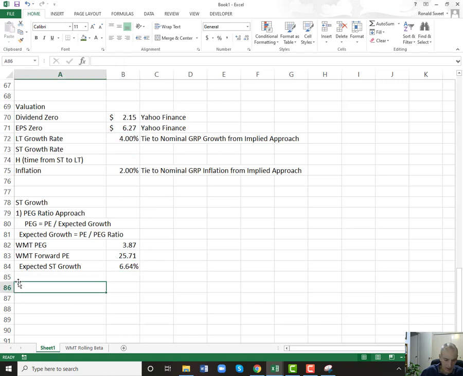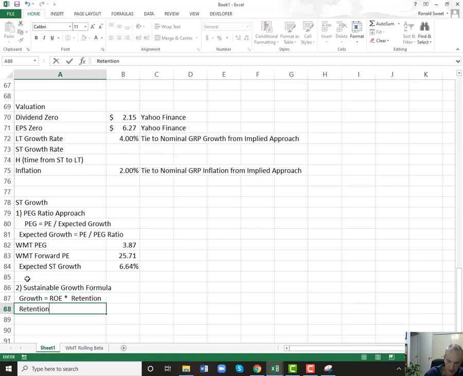So there's one. A second approach is to use what we call the sustainable growth formula. Pretty popular formula. And what it says is growth equals ROE times what we call retention. Retention is 1 minus the payout ratio.